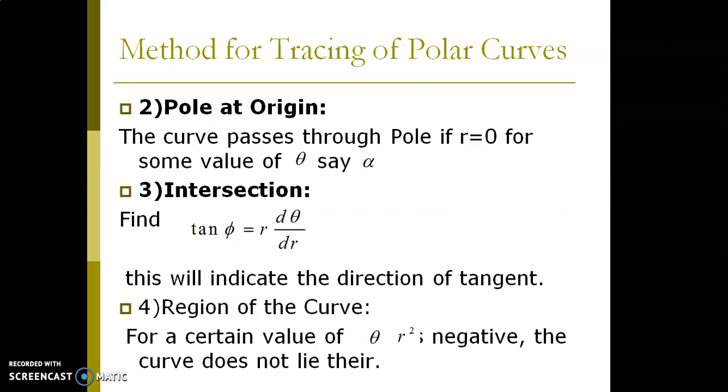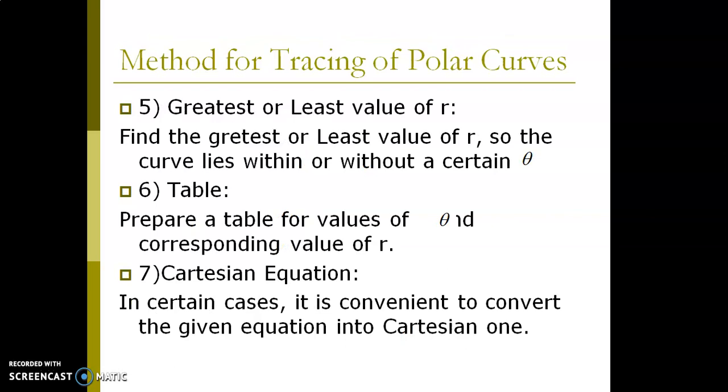We call this alpha. Third is intersection. For this we first find the value of tan phi using the formula r d theta by dr, and this indicates the direction of the tangent. Fourth point is the region of the curve. For a certain value of theta, if r square is negative, the curve does not lie there.